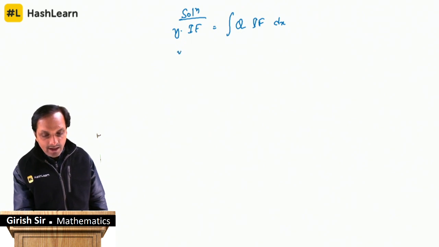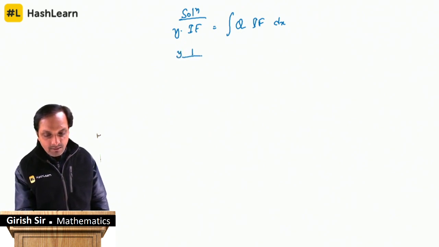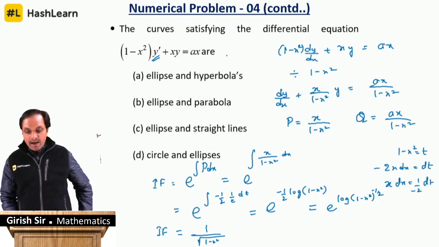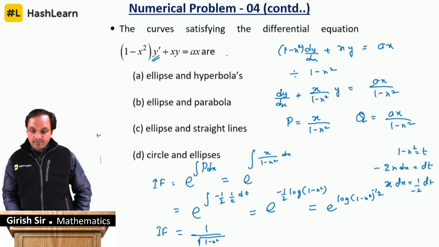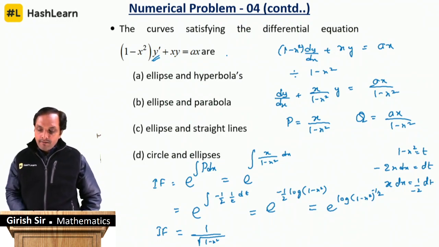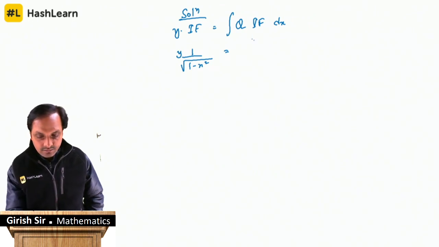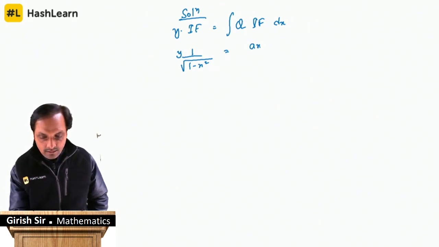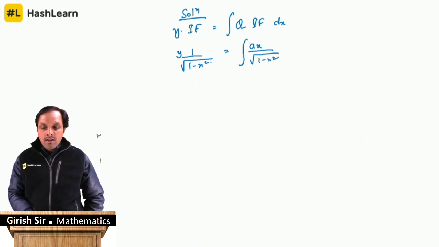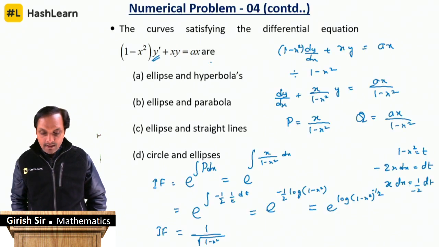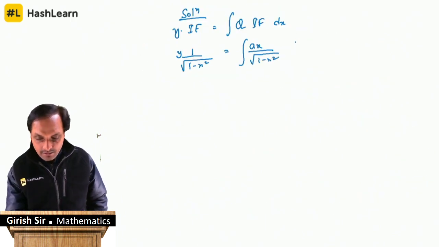So y is as it is, our integrating factor is 1 by root 1 minus x square, and we have q as a x divided by 1 minus x square.